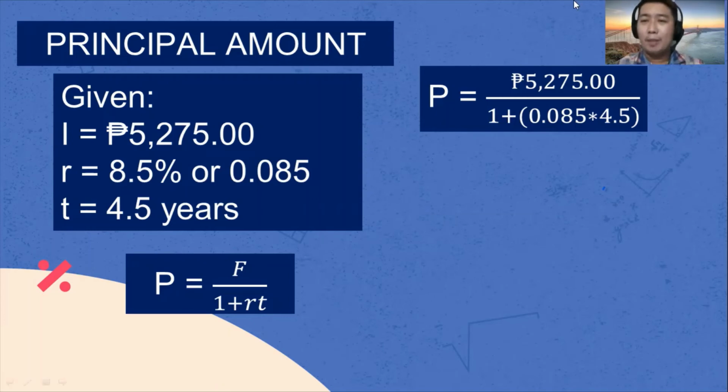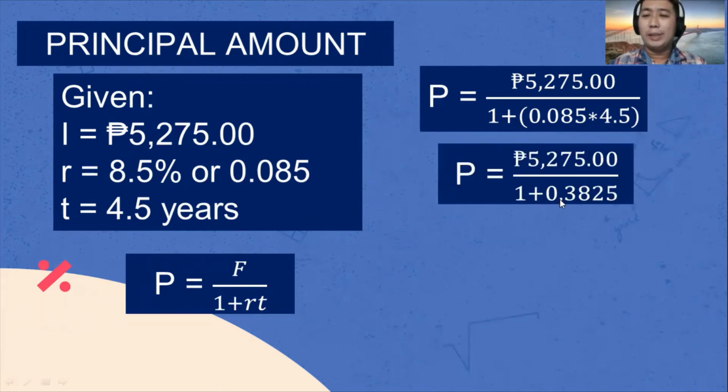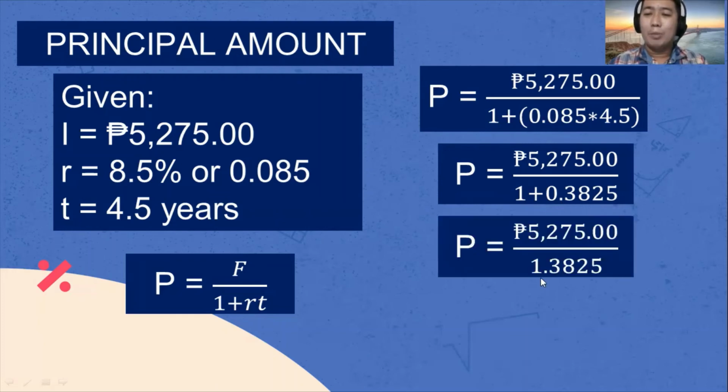The first step, multiply 0.085 and 4.5. 0.085 multiplied by 4.5 is 0.3825. The next step, add 1 plus 0.3825. What is the sum of 1 and 0.3825? The answer is 1.3825.